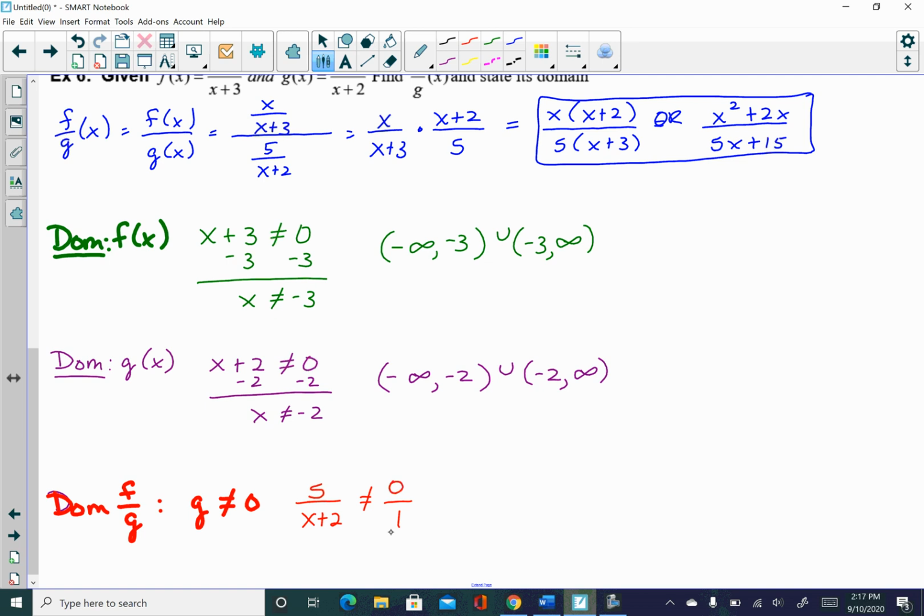Cross multiply. So 1 times 5 is 5. And then cross multiplying this way, x plus 2 times 0 is 0. And so what you see here then is, well, 5 cannot equal 0. What that means then is I don't have anything to solve here, and so we have no new values to exclude from the domain.